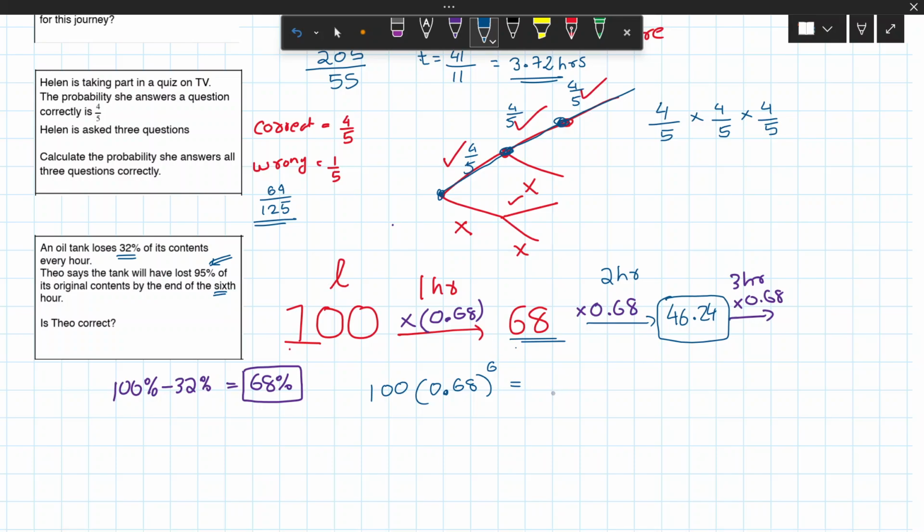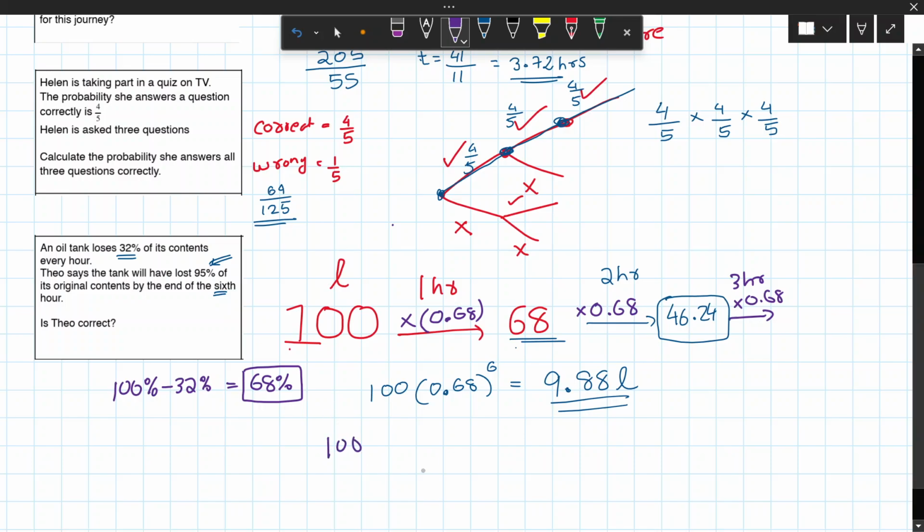And if I do that on my calculator, we would get 9.88 liters remaining. Well, that's like saying I started with 100 liters. Now I have 9.8 left.